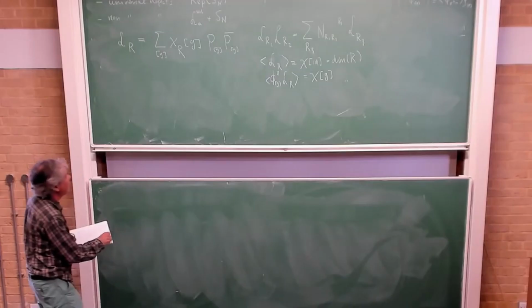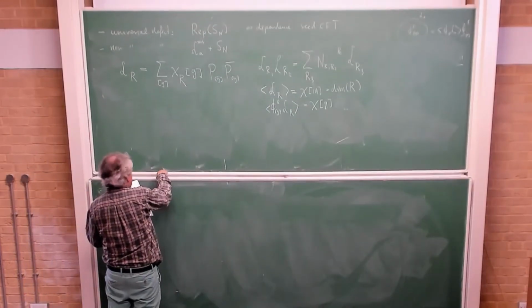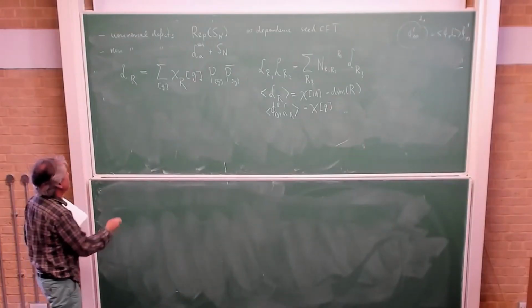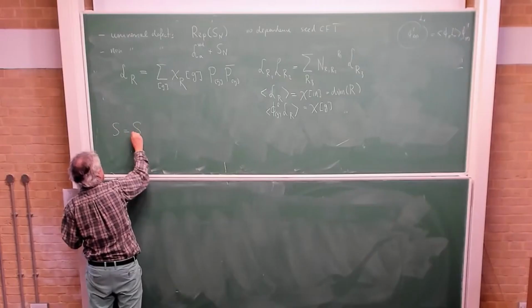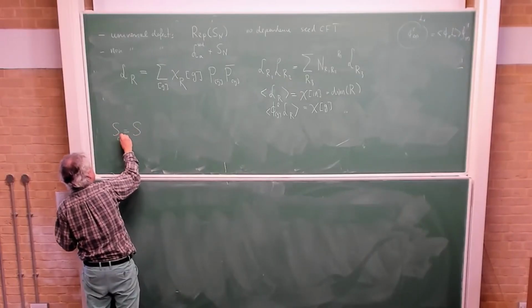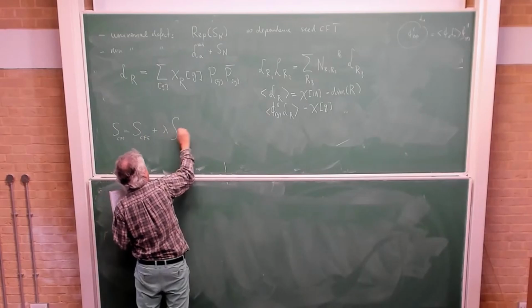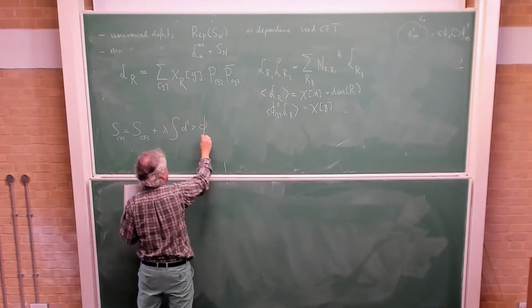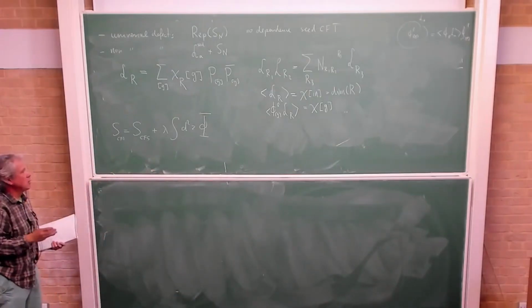So basically what we want to look at is if we were to deform our symmetric orbifold CFT by an exactly marginal operator, and there are obviously conditions on that.